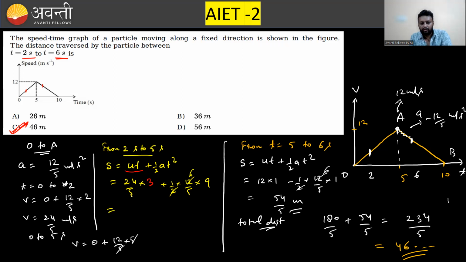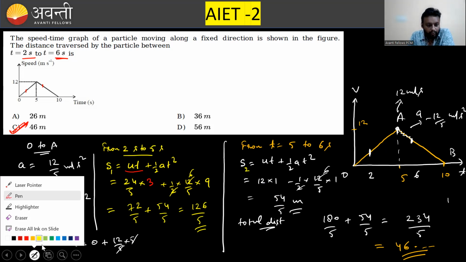That is 72 by 5 plus 54 by 5. And if you say 4 and 2, 6, 5 and 7, 12, 126 by 5. This is what S1. The initial distance S1 is 126 by 5. Now S2 is what? 54 by 5.